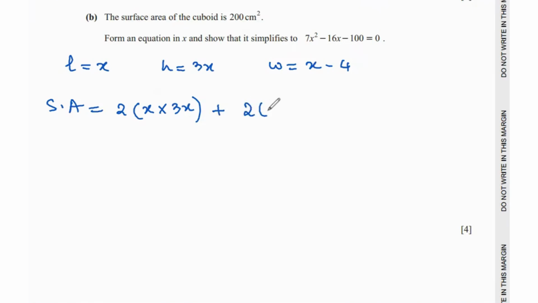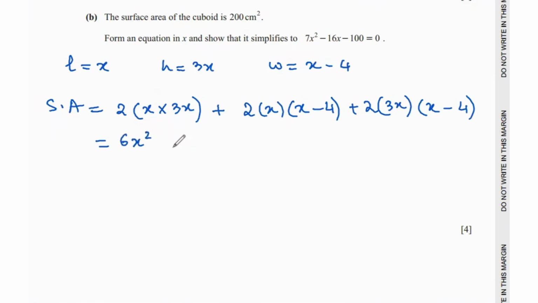Then 2 times x times x minus 4 plus 2 times 3x times x minus 4. There are 6 faces in total for the cuboid and 2 identical for each of these. So that's going to be 6x squared plus 2x squared minus 8x plus 6x squared minus 24x. Collect the like terms.